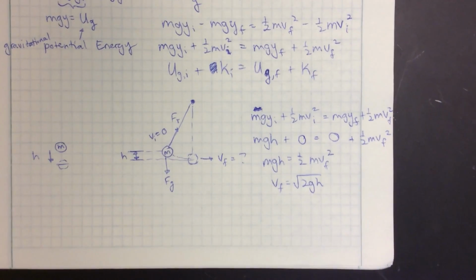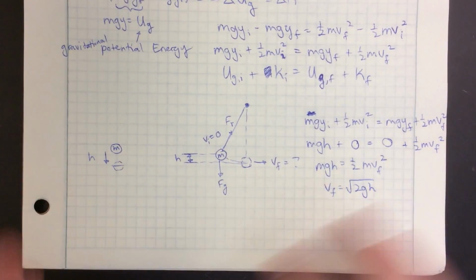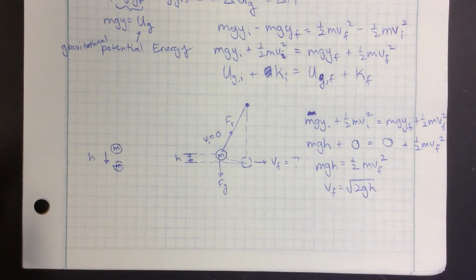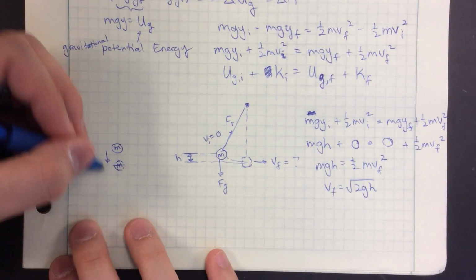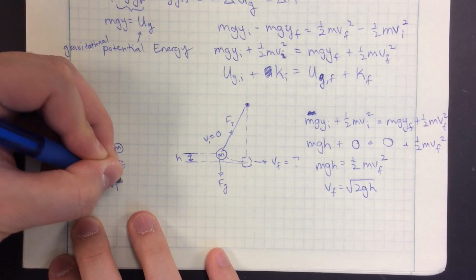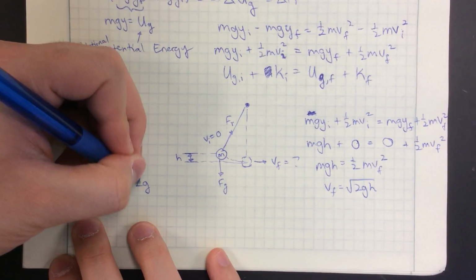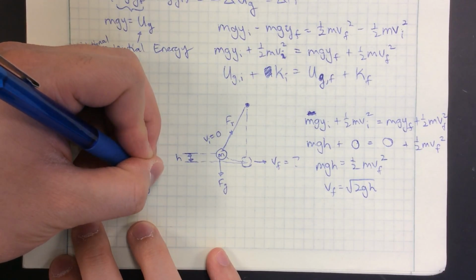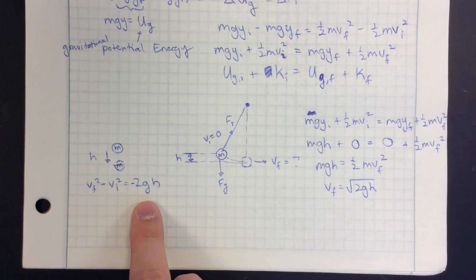A straight free fall. If I have a straight free fall, we can use kinematics and try and figure out how it behaves, right? V final squared minus V initial squared equals 2g, I guess negative g, h. Do you guys remember that equation?